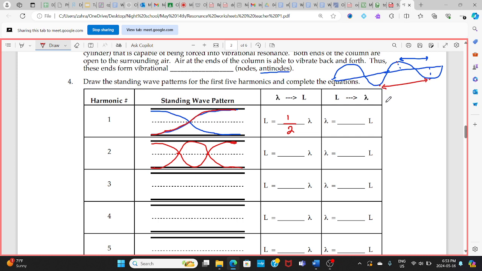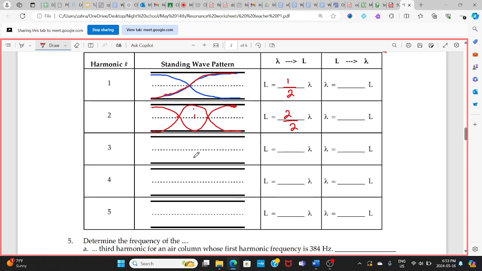How many lambda is fitting there? It's gonna be full lambda or 2/2. Again, how many quarters do we have here? 1, 2, 3, 4. 4/4, or 1.